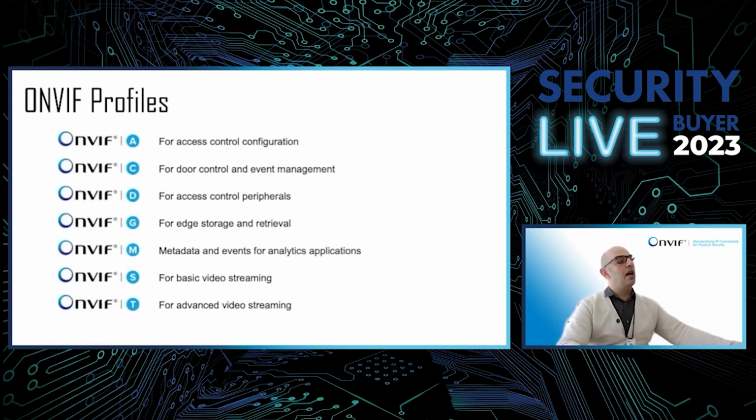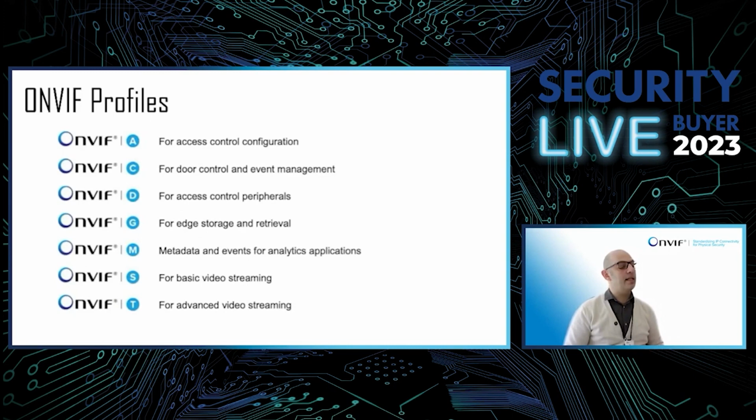But we also have other profiles for access control, such as Profile A for configuration of access control, and Profile C for door control and event management in an access control system. We also have Profile G, which specifies edge storage and retrieval, for example, if you save your video on the SD card in the camera. So it specifies how that can be done.